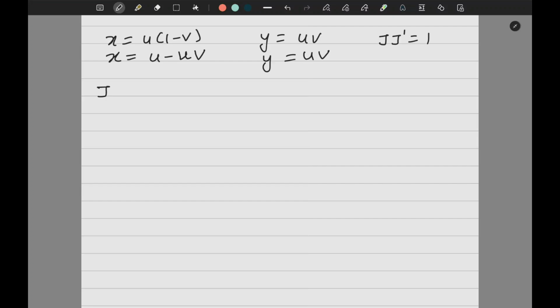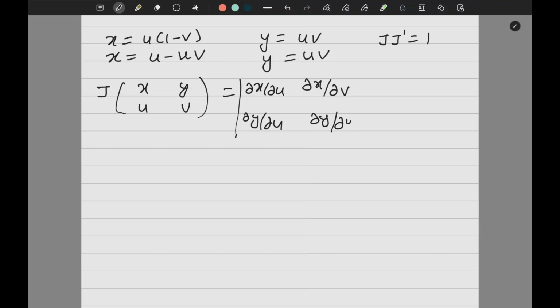So first x is equal to u minus uv and y is equal to uv. Let me define the Jacobian, where x and y are functions of u and v. So this will be the determinant dou x by dou u, dou x by dou v, dou y by dou u and dou y by dou v. What is dou x by dou u? 1 minus v. What is dou x by dou v?